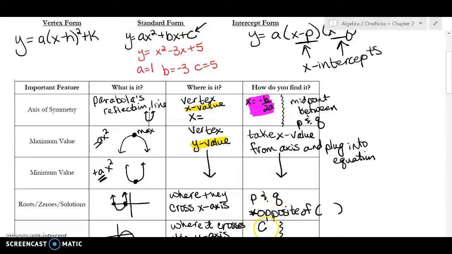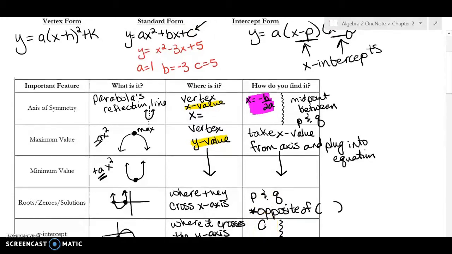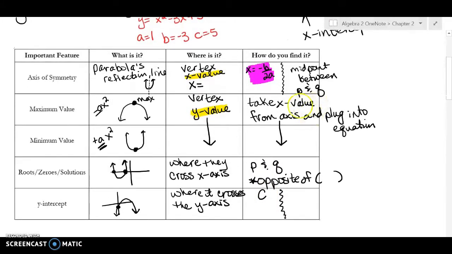If you don't have standard form and you can't see where it crosses the y-axis, then what you do is plug in x equals 0 and find y. So there's a couple ways you can find the y-intercept. It's the C value, or you plug in 0 and find out what y is.